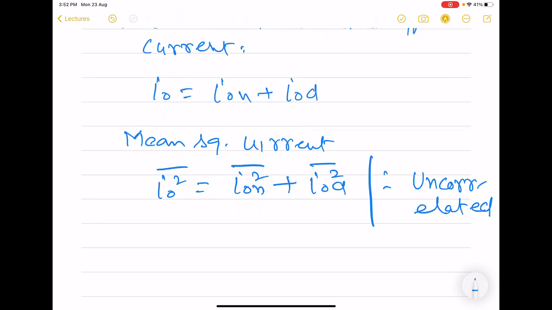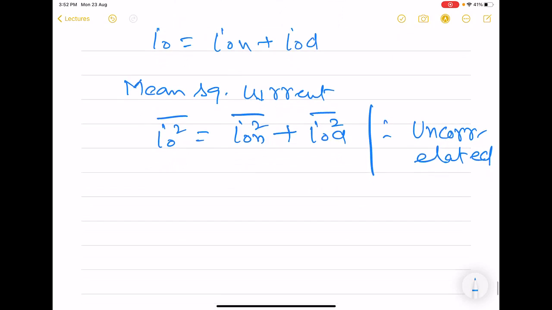One is from RS, the other is from the MOS. Both are physically independent elements, so they are uncorrelated, and this is what we get. Therefore, the output power is going to be proportional to this mean square current.